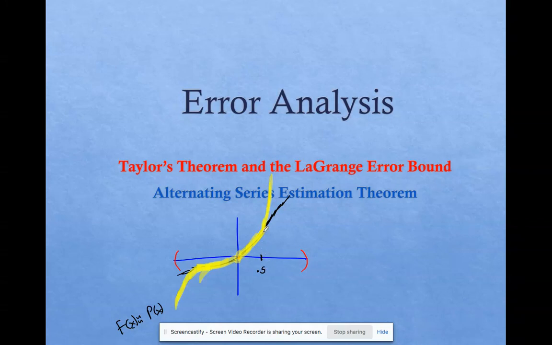If I go up to my function and I plug in 0.5, f of 0.5 is going to be approximately my truncated polynomial. Maybe I cut it off after 2 terms, maybe 4 terms, maybe 3 terms, whatever. My polynomial at 0.5 equals some number, and I want to know how bad this number is.